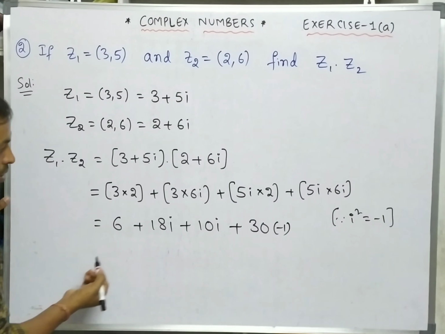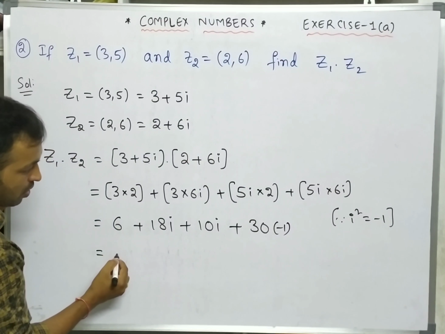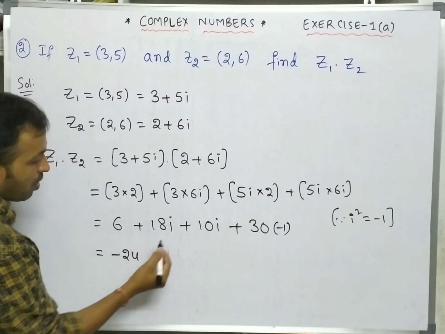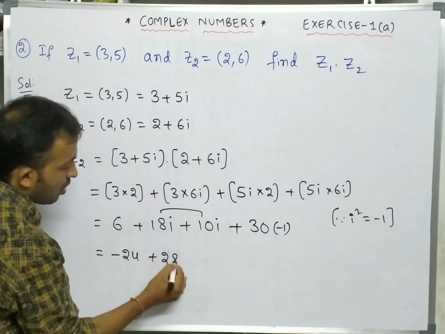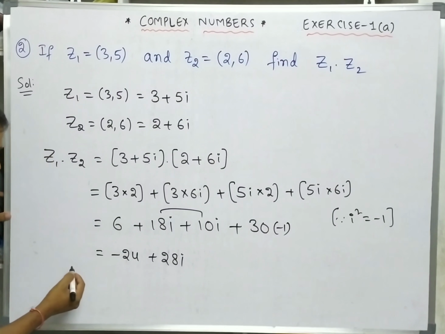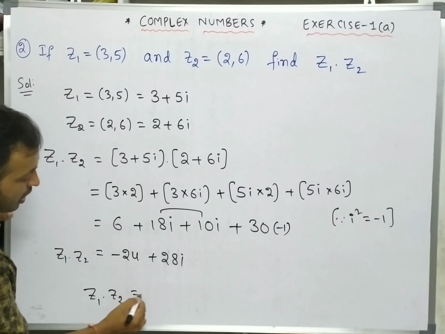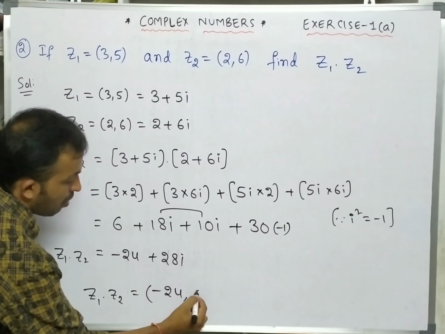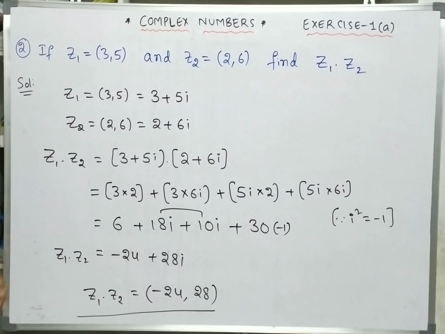Now 6 minus 30 is minus 24. 18i plus 10i, these two are like terms, that is 28i. So this is z1 into z2 in a plus ib form. In ordered pair form we can write it as (minus 24, 28), where minus 24 is the real part and 28 is the imaginary part. Like this we can solve.